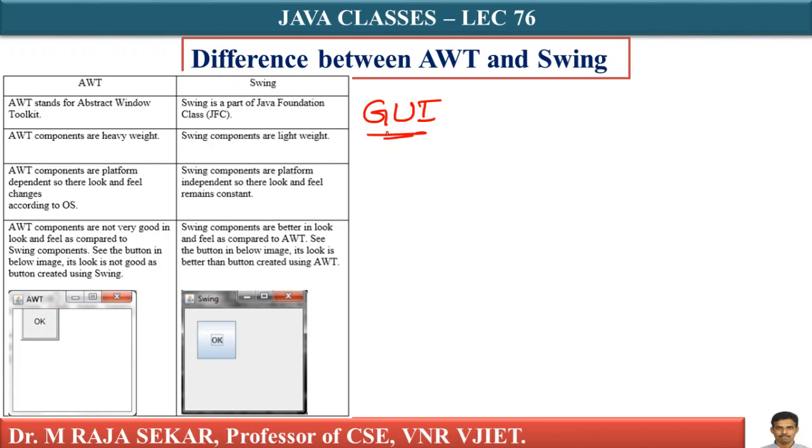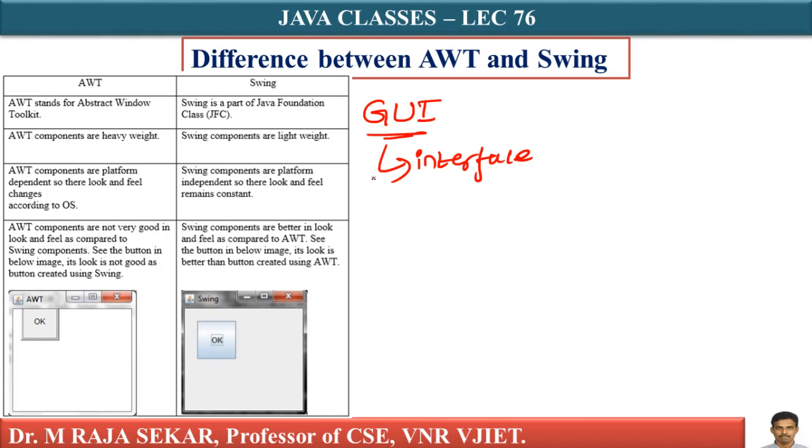What is the meaning of GUI? GUI stands for graphical user interface. It is an interface that allows the user to operate an application and perform the required tasks.